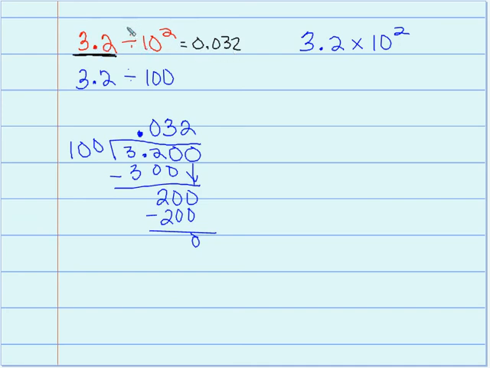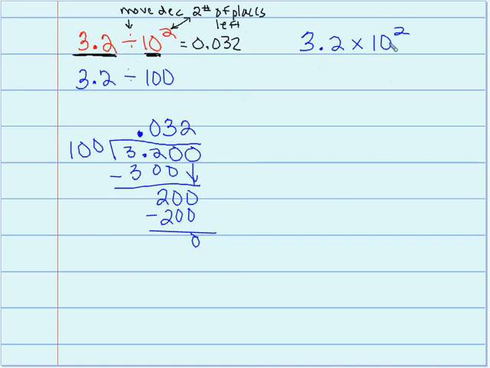So when you divide, you move with a power of 10. Okay, it's only a power of 10. You move the decimal to the exponent number of places to the left. Because we're getting a smaller number, right?